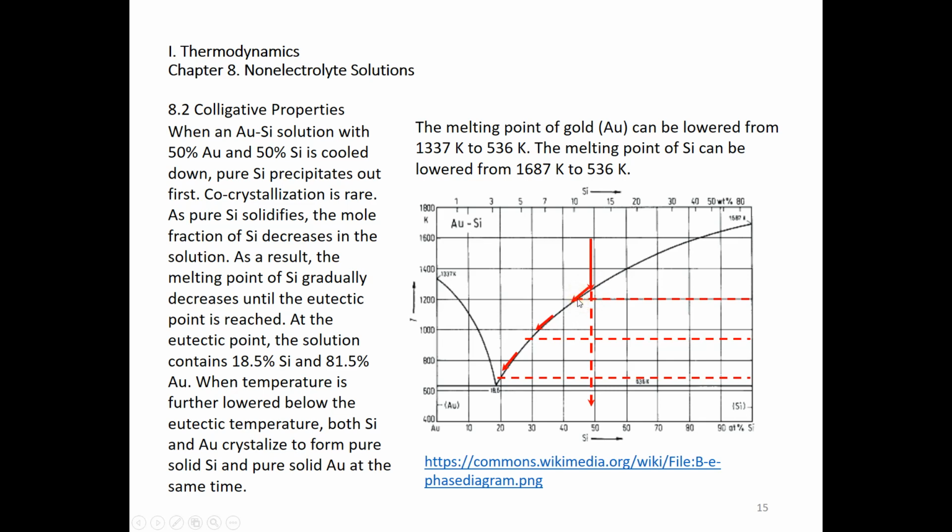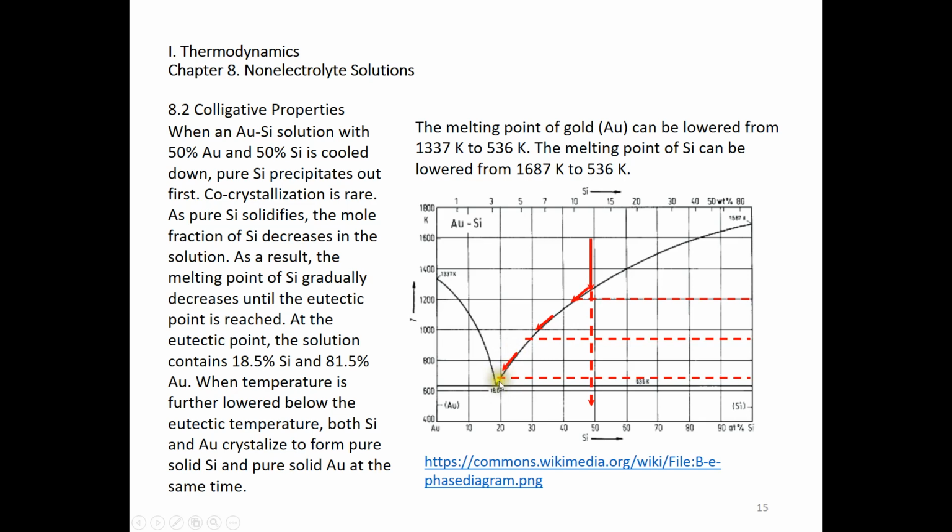And here you have even lower melting point of silicon. It's 1200. So you have more silicon precipitate out of the solution. Alright, keep doing this. You keep lowering this temperature. More and more silicon precipitates out, and you have lower and lower mole fraction of silicon until you reach here.